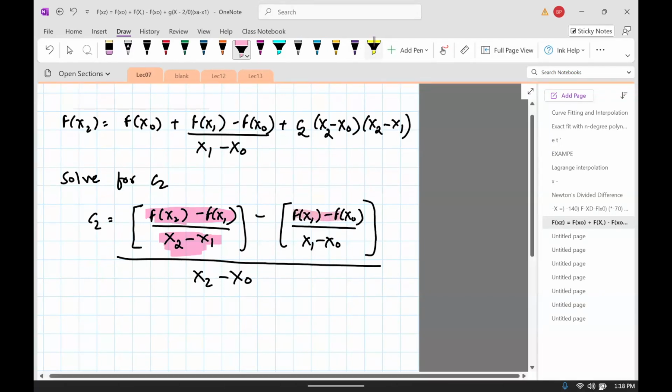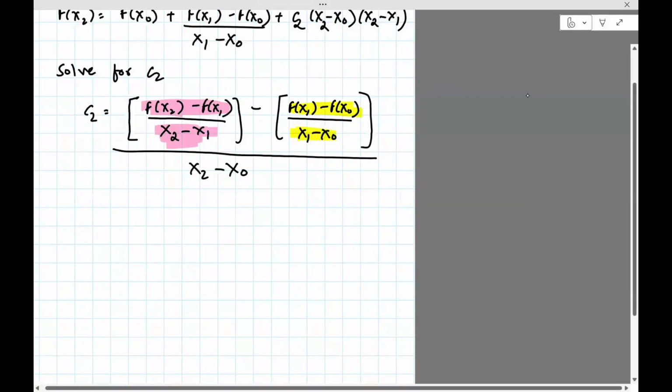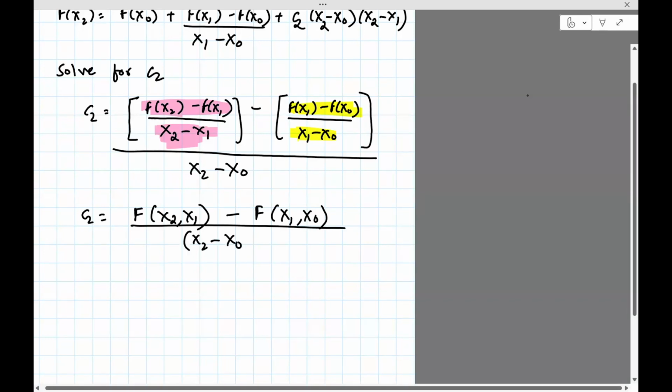We also see this pattern here. You look at this one, that's also similar, f of x1. In fact, it's actually C1. So remember, we created a notation. We said that we'll write this term in pink as F x2 x1 minus F x1 x0 divided by x2 minus x0.